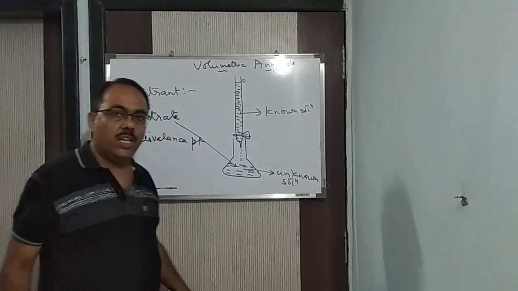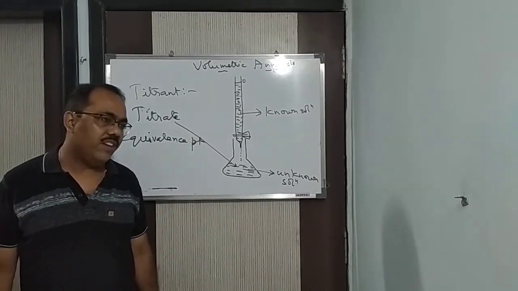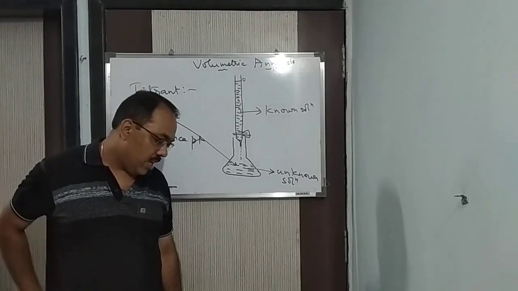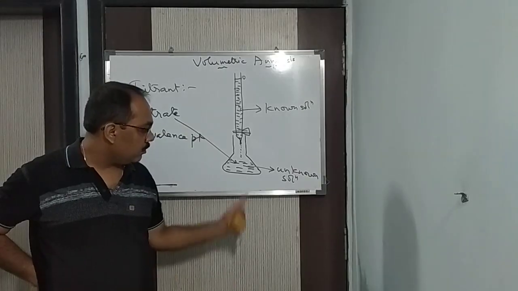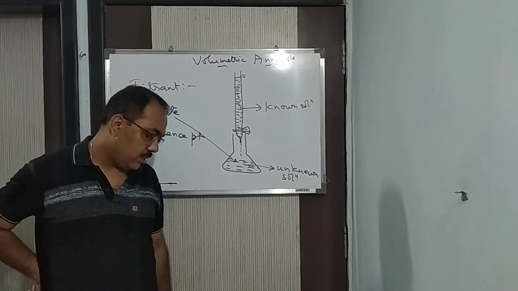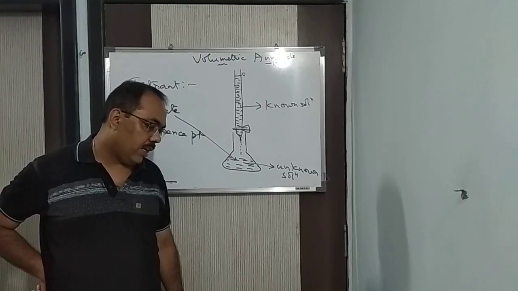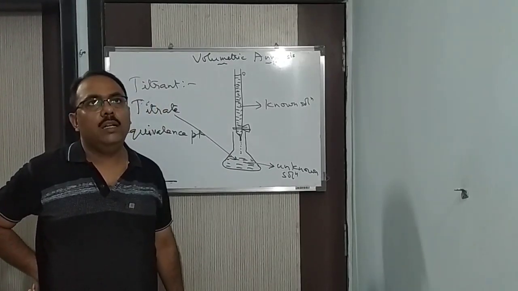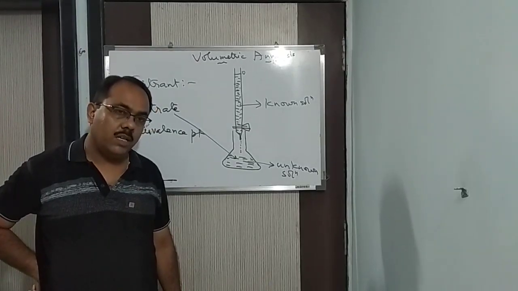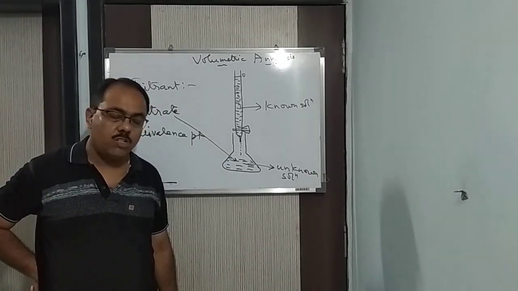Alright, so write down the definition, equivalence point. The point at which the reagent (titrant) and the substance (titrate) under investigation are chemically equivalent is termed the equivalence point or end point or stoichiometric point.